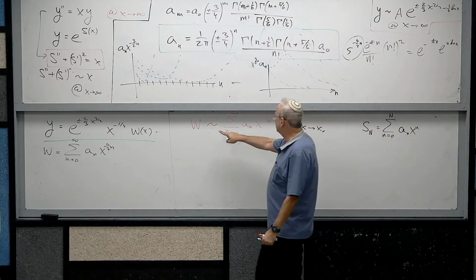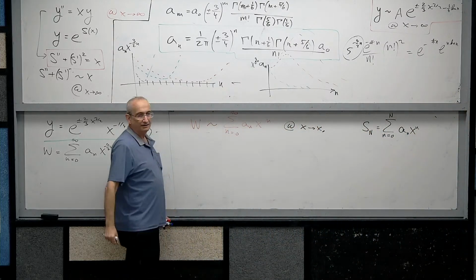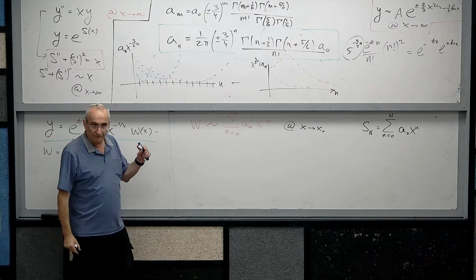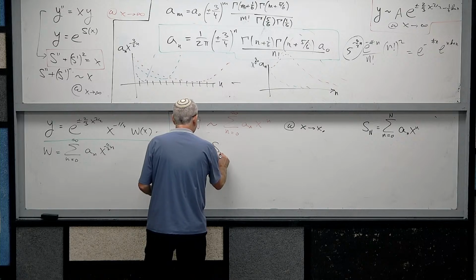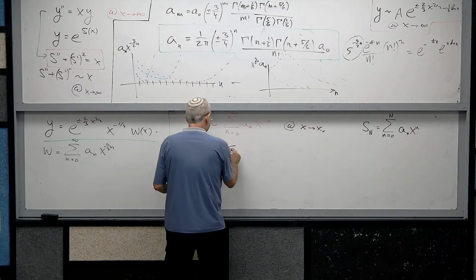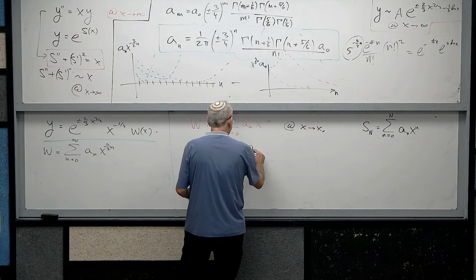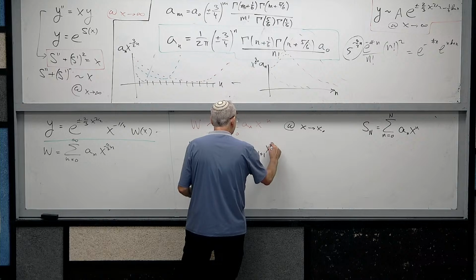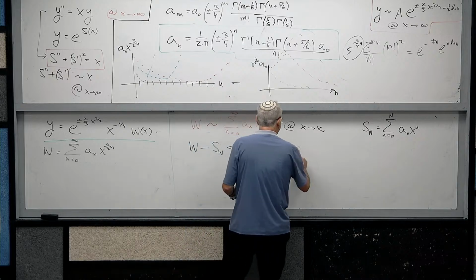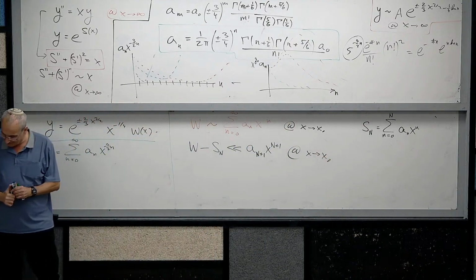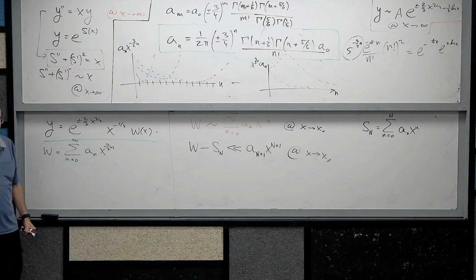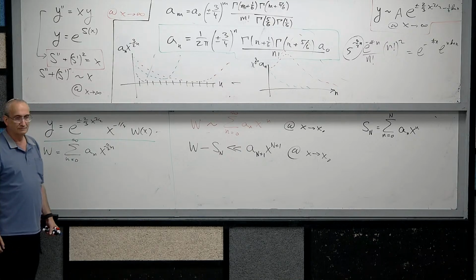So W is asymptotic to this series if W minus S_N is smaller than a_{N+1} x to the N plus 1 as x goes to x naught.